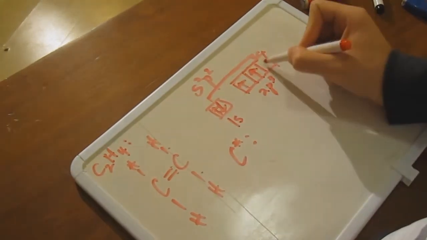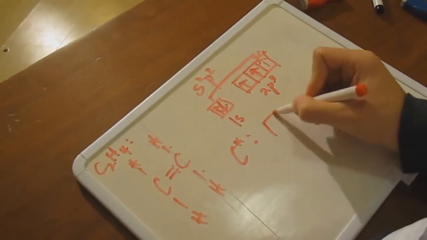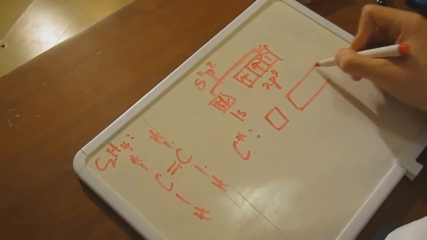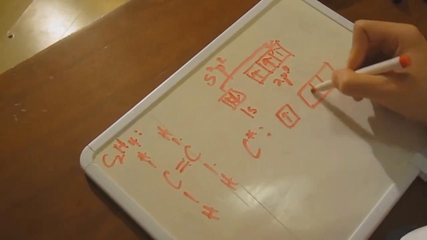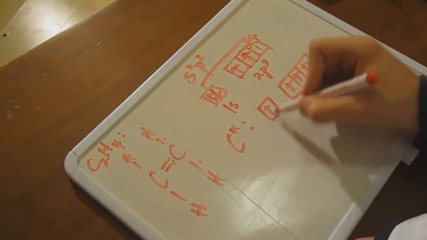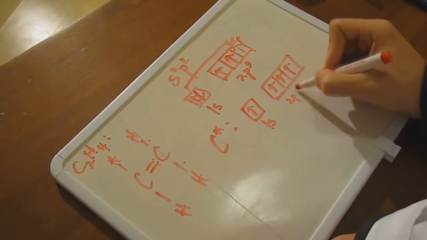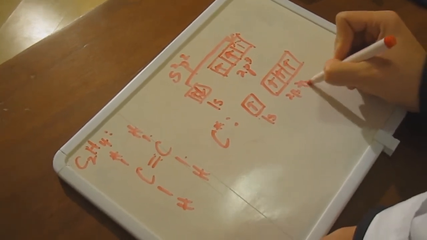So we move this in here and get a new set of orbital box diagrams, all with 1 lone electron inside: the 1s, 2px, 2py, and 2pz.